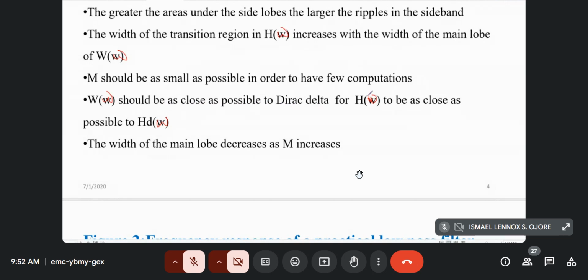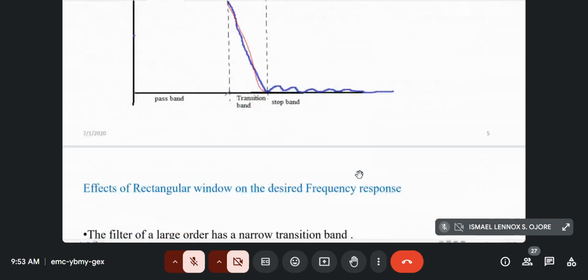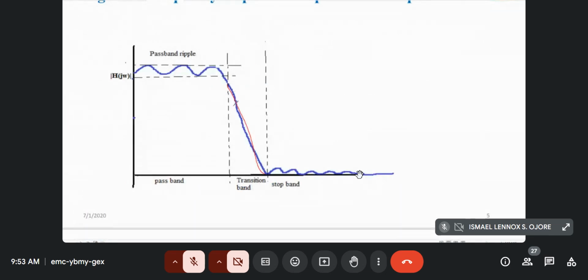For this to be as close as possible to H of omega, the width of the main lobe decreases as M increases. You see, the width decreases as M increases, and of course it makes sense. It is actually intuitive because the width of the main lobe determines this slope. And we are saying this slope decreases as the order of the filter increases.